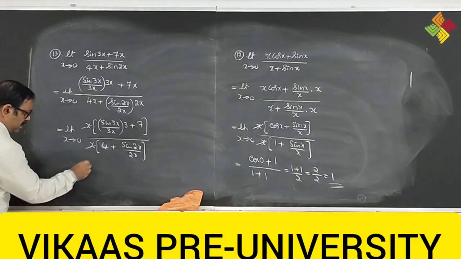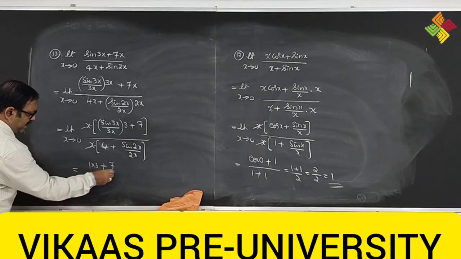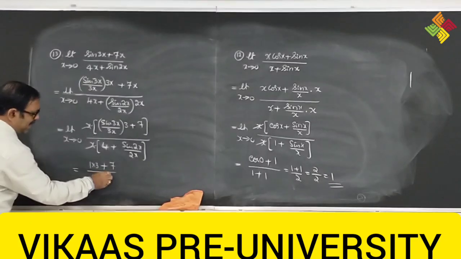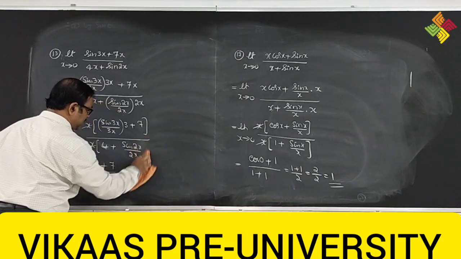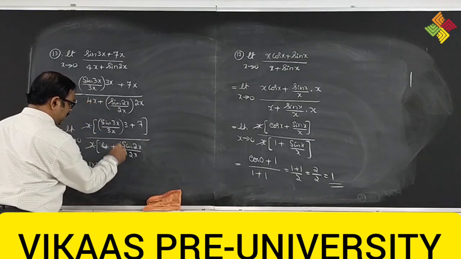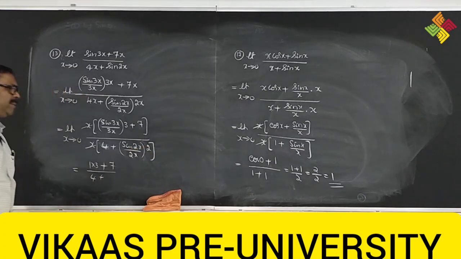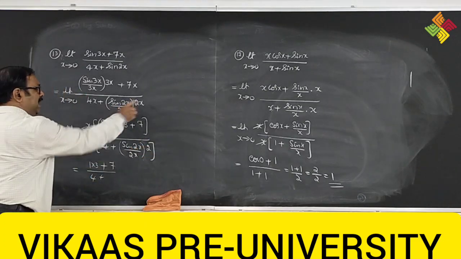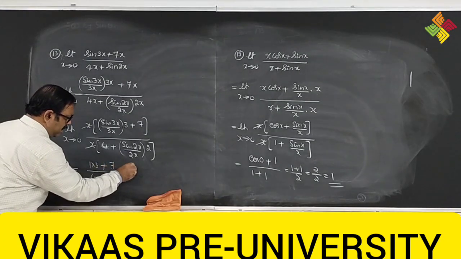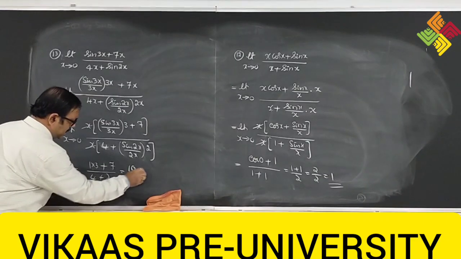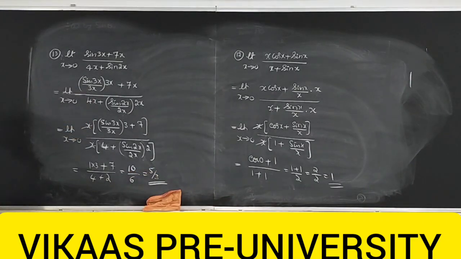We write 1 into 3 plus 7 by 4 plus, here one more mistake is there. I have only corrected x is common, but 2x means 2 is also there. So 3 plus 7, 10 divided by 6. So it is equal to 5 by 3.